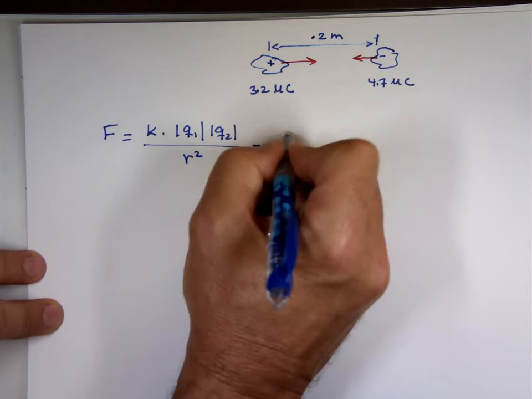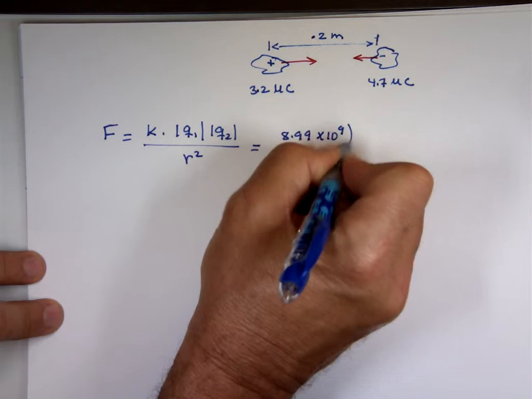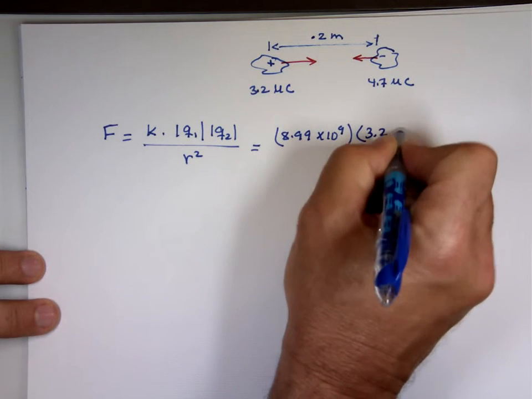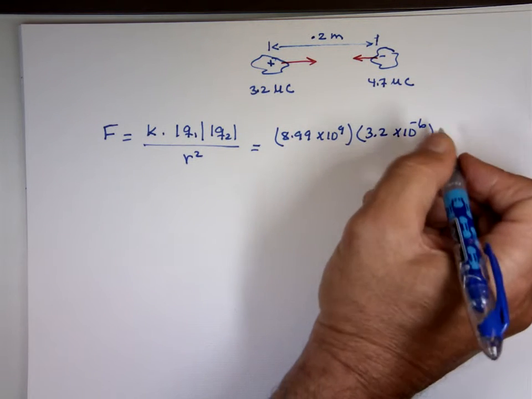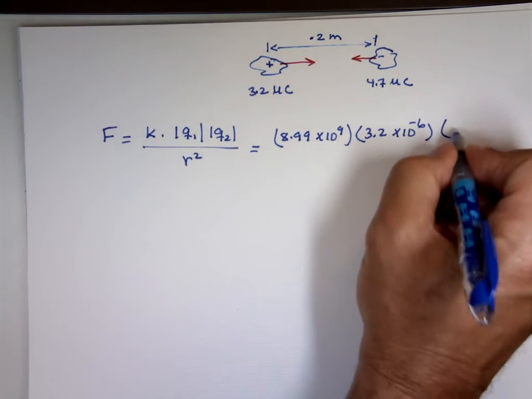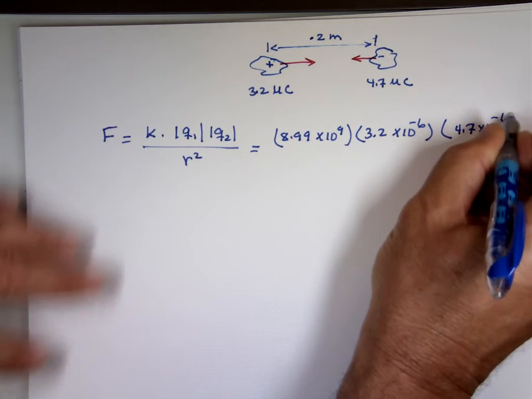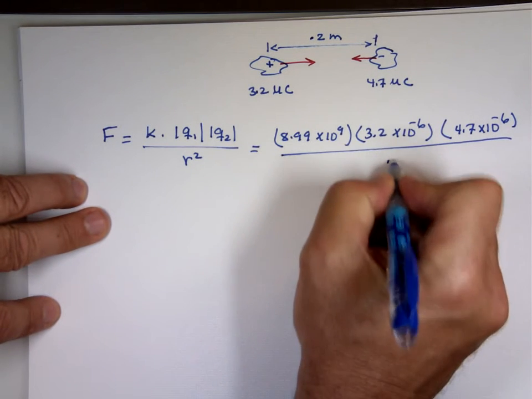K is 8.99 times 10 to the 9. Q1 is 3.2 times 10 to the negative 6. Micros is 10 to the minus 6. The other one, 4.7 times 10 to the negative 6, divided by the distance squared.